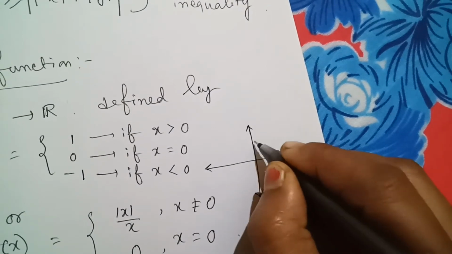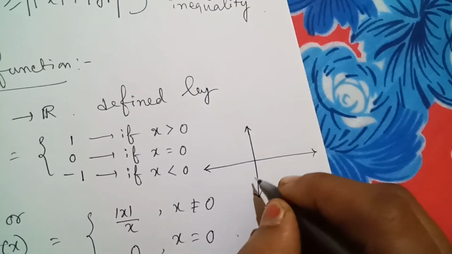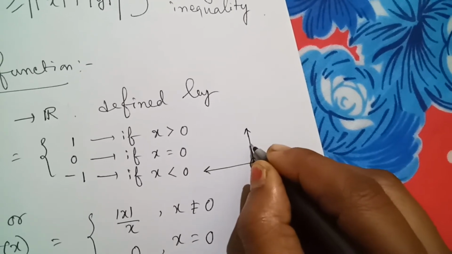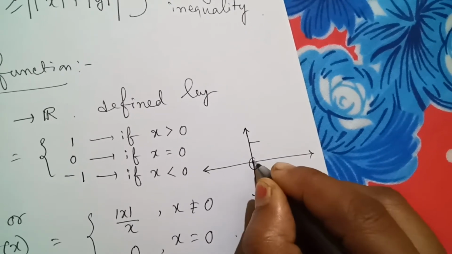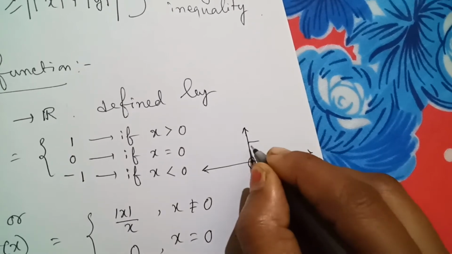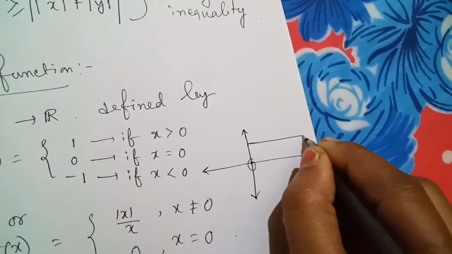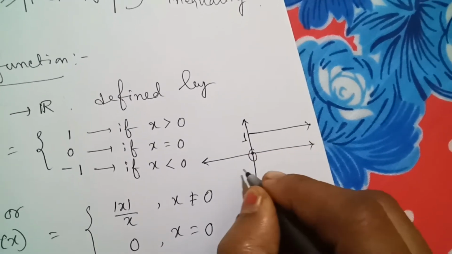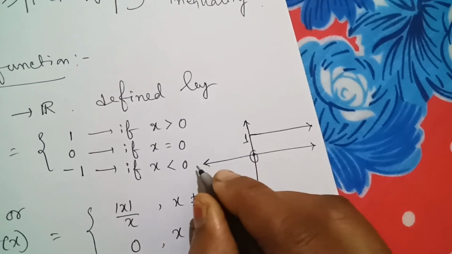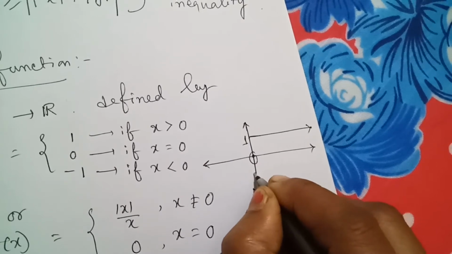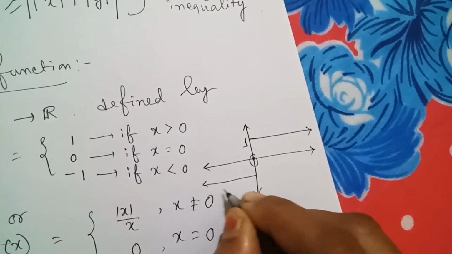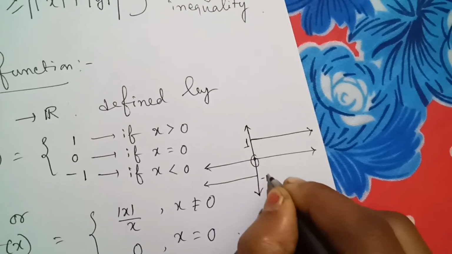What I told, that for 0 it is 0, that means here, and for all positive values, from this to this, any positive you take you will always get 1, and for all negative values of x you will get negative, that is -1.